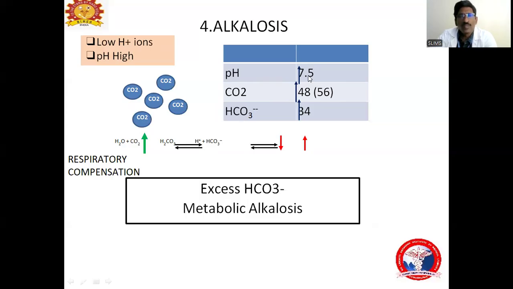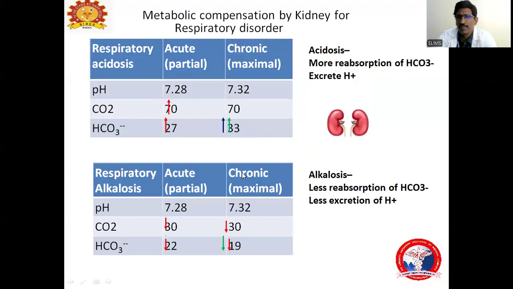Now look here, 7.5 pH. So pH is high, that means the concentration of hydrogen ion is low. Look at the carbon dioxide. So carbon dioxide has increased to compensate for the increase in bicarbonate. So this is respiratory compensation for a metabolic problem.